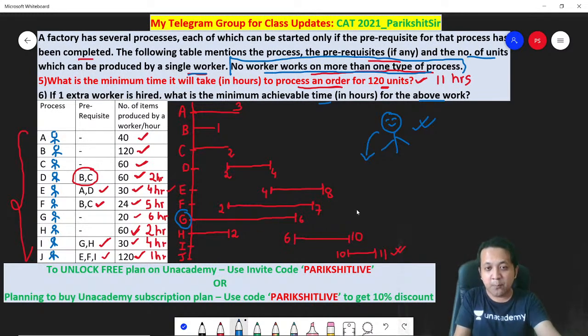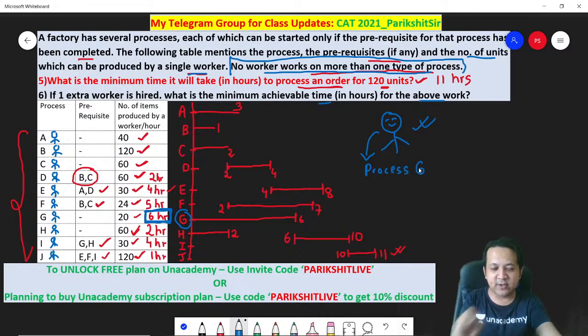Because process G is taking 6 hours. That is the longest, the slowest process among all my options. So you allocate this extra human being to process G, because that is the slowest process.